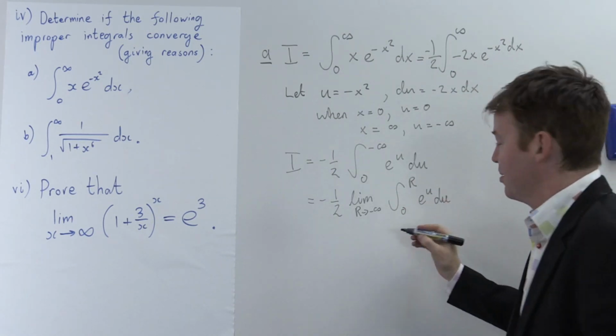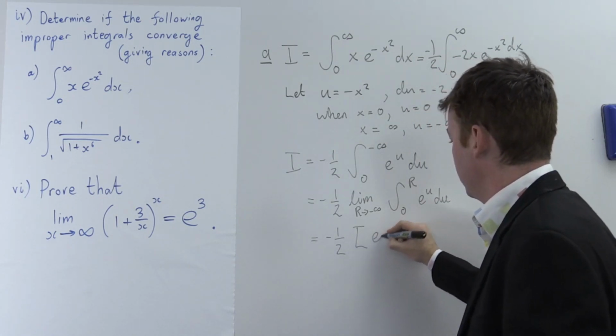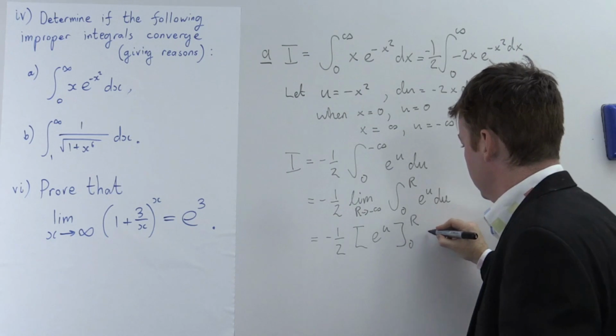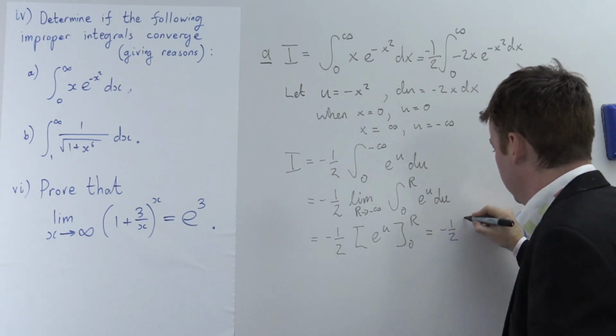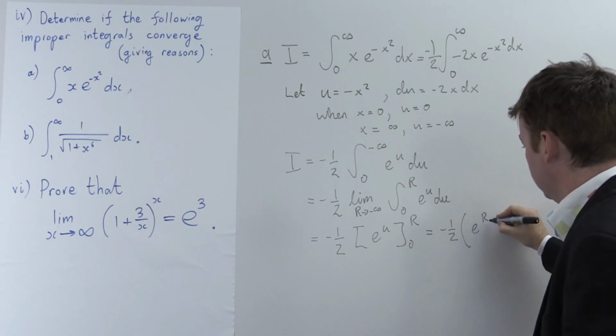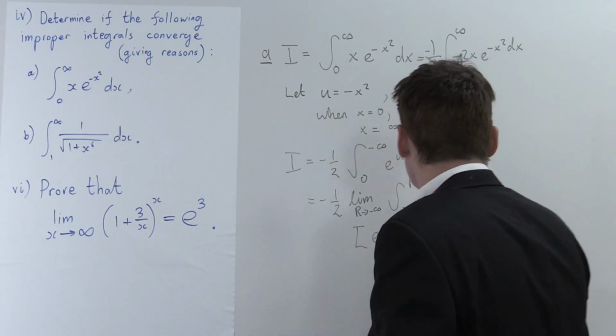Integrating e to the u is the best possible thing to integrate. That's just e to the u from 0 to r, which is negative 1/2 times e to the r. Oh, I forgot my limits.